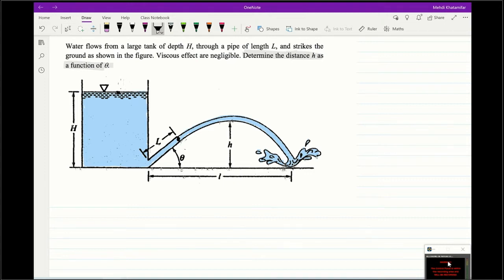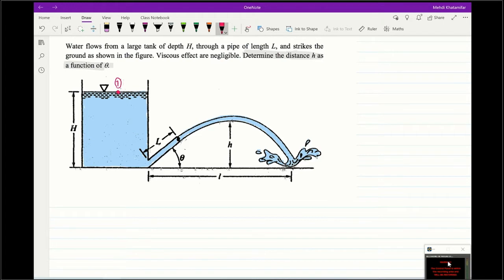Okay, let's see how I'm going to investigate this question. I need to find a few points which I have information about. The first and the easiest selection is a point at the surface of the water in the tank, and I'm going to call it point 1.